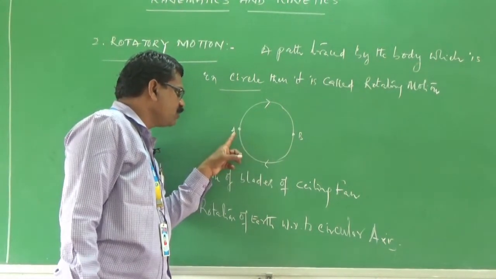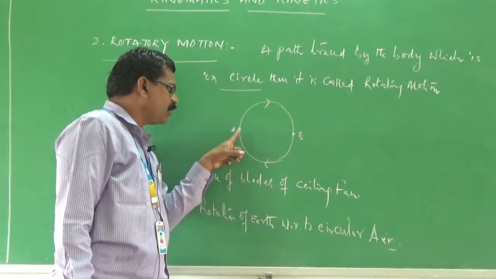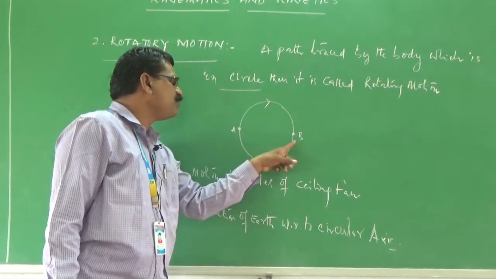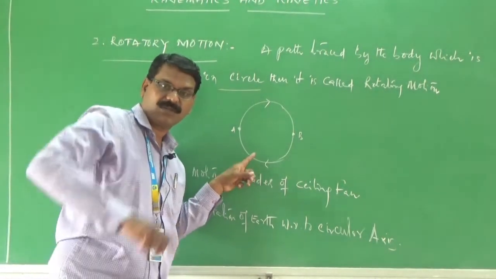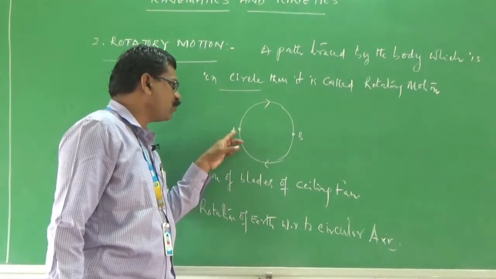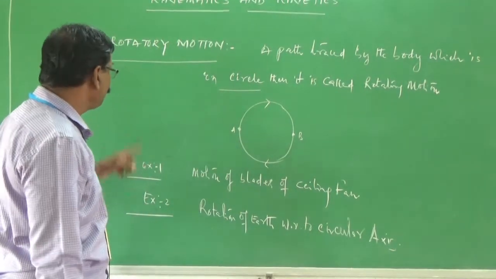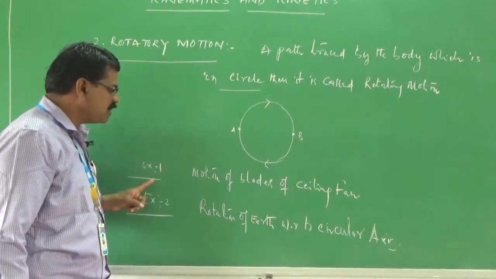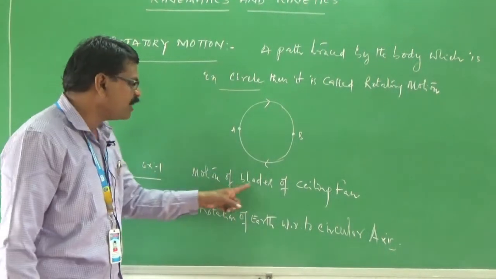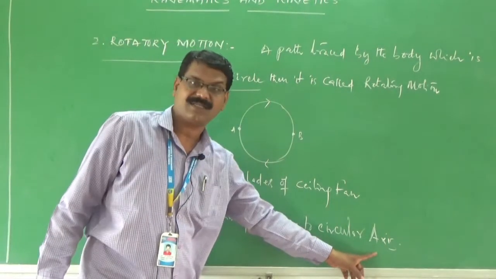If a body travels from point A to point B in clockwise direction and again from B to A, strictly speaking, the body is completely rotating. Therefore, the examples of rotatory motion are: example 1, motion of blades of a ceiling fan, and example 2, rotation of the earth with respect to its axis.